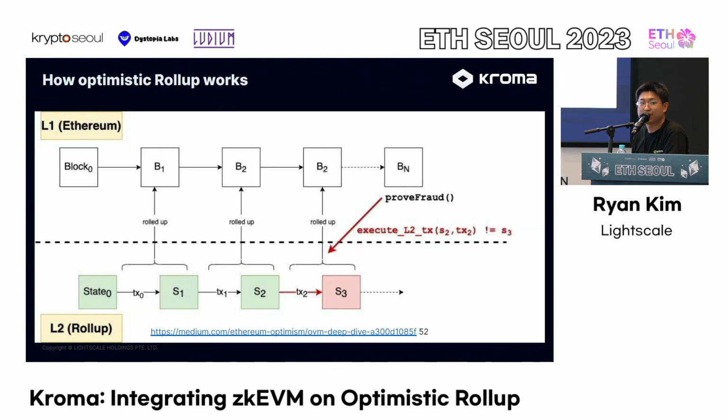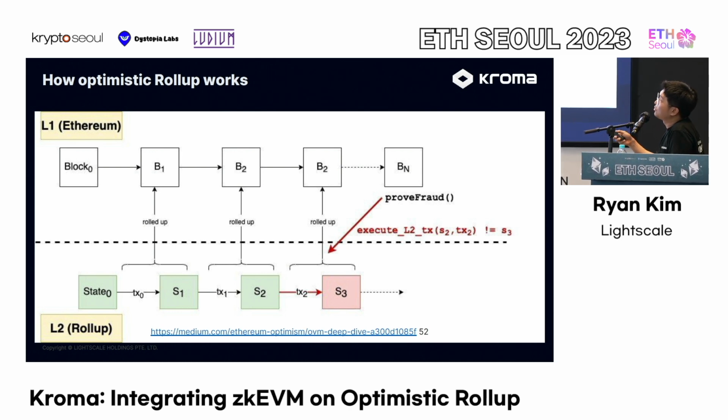Before going deep into what we have changed, let me show you how the optimistic rollup works. In this diagram, which I took from the Optimism blog, it is composed of L1 and L2. Rollup uses a state transition function, STF for short, to compute or change the state, and then it submits the transactions as a batch and a state commitment to layer 1.